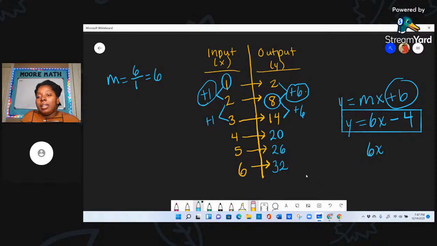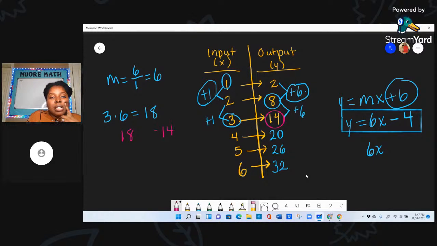So we said y is 6 times x, but there must be something else going on, because let's take 3. If I do 3 times 6, I'm going to get 18. But this says, I'll use pink, this says I'm supposed to get 14. So how did I go from 18 to 14? Did I add something?